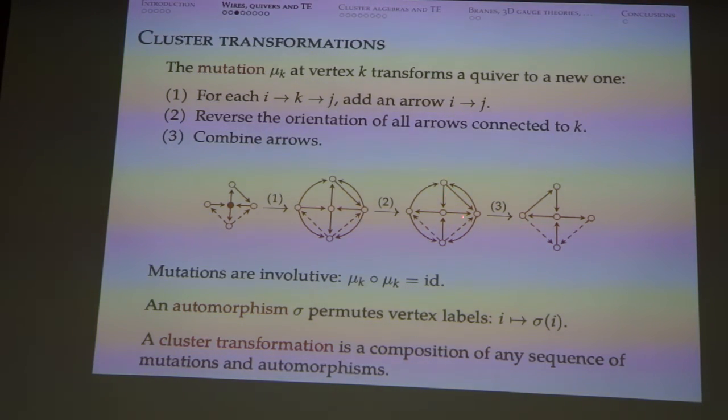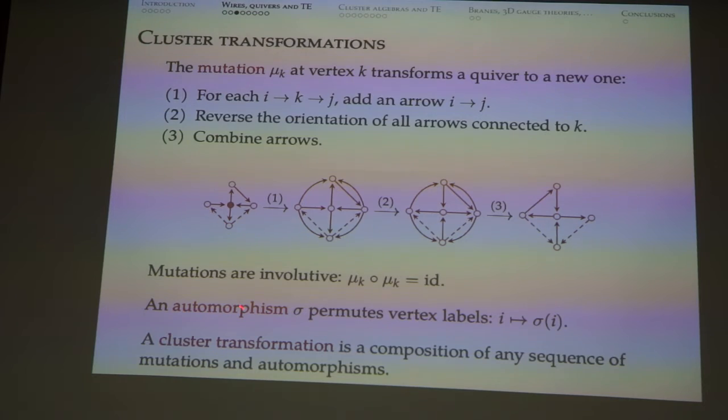For example, this arrow and this arrow here cancel, and this dashed arrow and this solid arrow don't exactly cancel, but leave a weight 1/2 dashed arrow going from here to here. After the mutation, you obtain this quiver. Okay? And mutations are involutive.